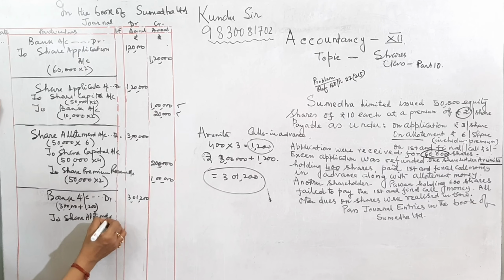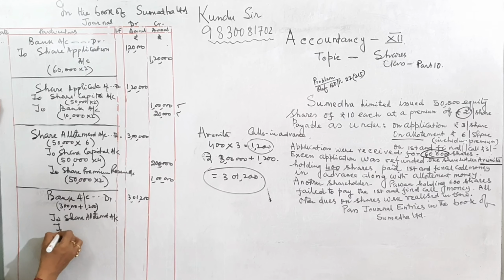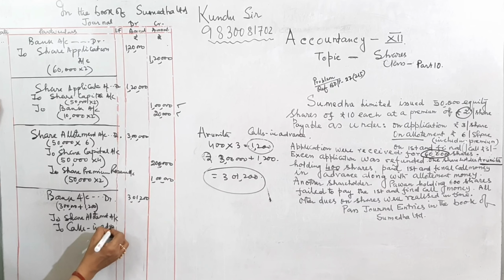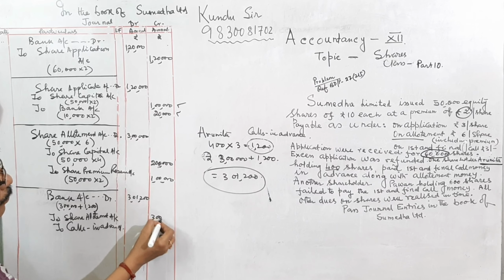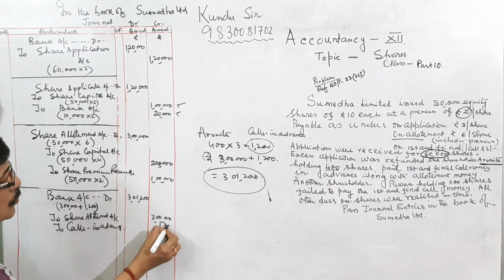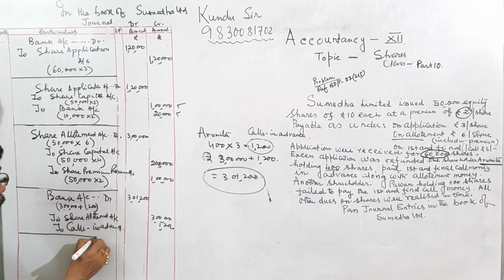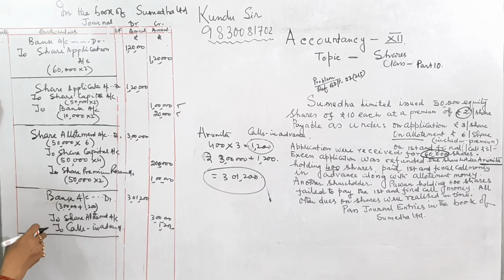Now share allotment account to calls in advance account equal to 3 lakh plus 1200. That means we have duly received the share allotment money on 50,000 shares at the rate of rupees 4 per share along with rupees 2 per share as premium.